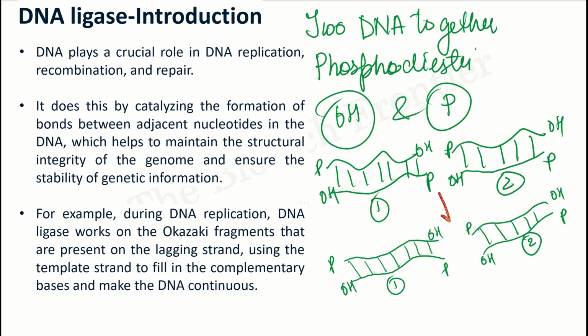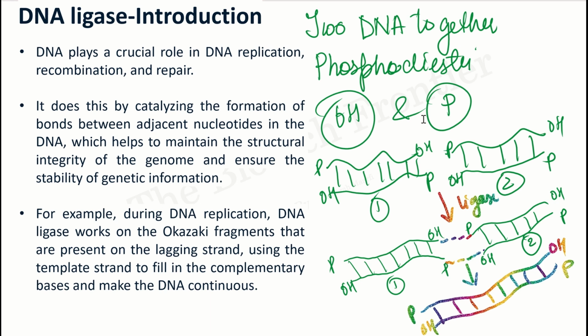In the presence of the DNA ligase, you can join these two fragments together by forming the phosphodiester bond at this position. Finally, you will get a single fragment. In this way, the formation of the phosphodiester bond in the presence of the DNA ligase ligates the two DNA fragments and represents them as a single DNA molecule.